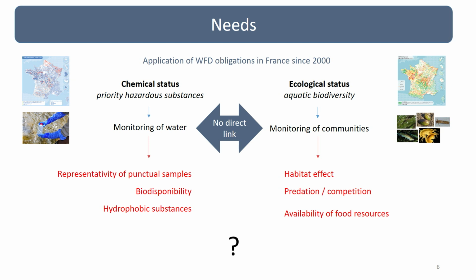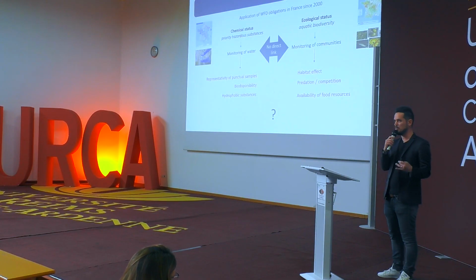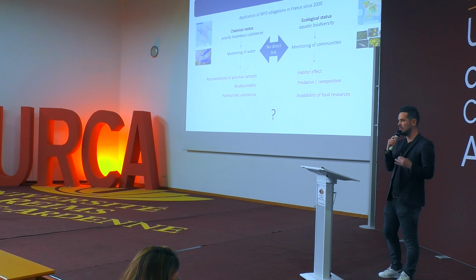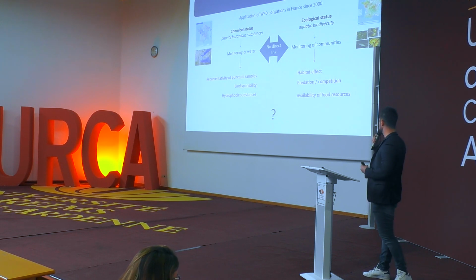because it's difficult to link these two statuses. Why? First, on chemical status, there is a problem in monitoring water, because of the representativity of a punctual sample. When we measure in water, we take a punctual sample, so it's not really representative of the level of contamination in waters.